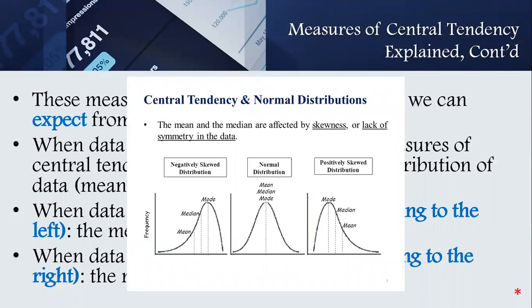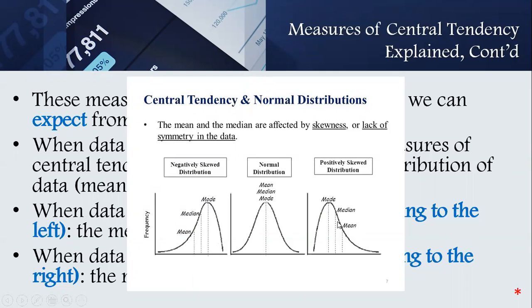In this illustration, I draw your attention to the direction in which the tails of each distribution are pointing. For a negatively skewed distribution, the tail is pointing toward the negative side. However, the cases mostly fall to the right-hand side of the distribution.